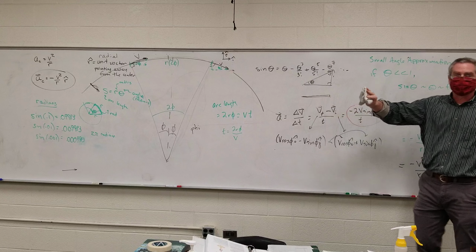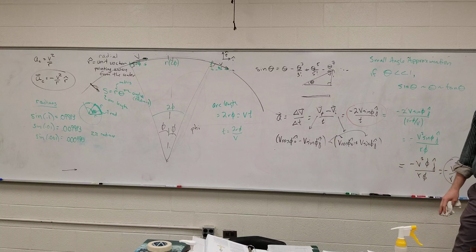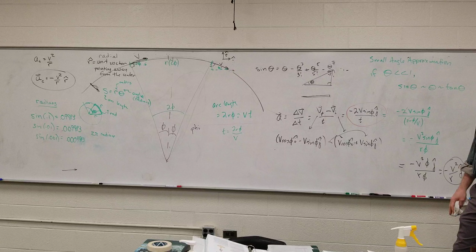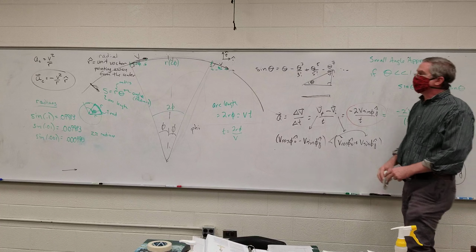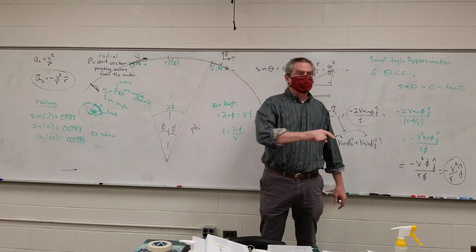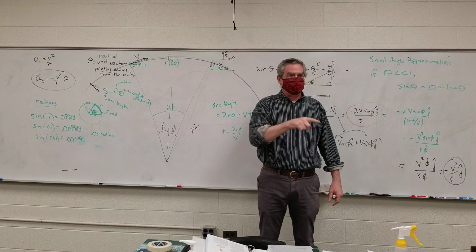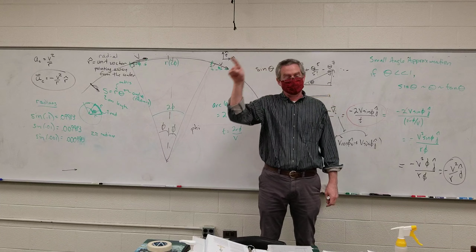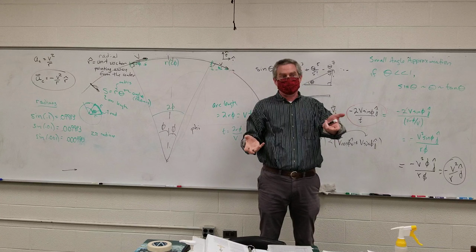Any questions before I start erasing stuff? I do have another question. With arc length, you said 2 pi r is also equal to speed times time. Where did you come up with speed times time equaling that? I have an object traveling at a constant speed. It doesn't matter what the path is: if I'm traveling at a constant speed for a certain amount of time, I just multiply the two to get how far I've gone.